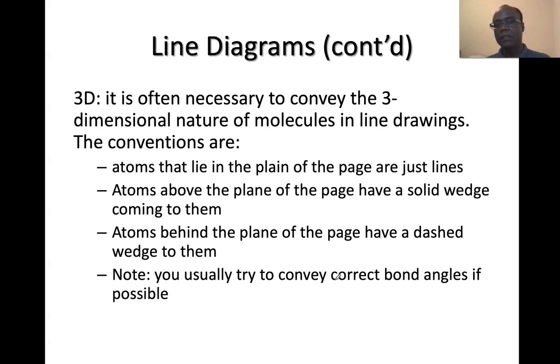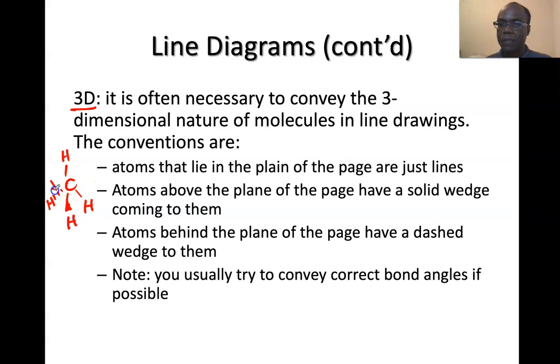So usually we also want to show 3D. For 3D we show groups away, towards, and on the plane. So for example, if I'm to draw methane, this is how methane will look like. The ones that I have with straight lines are on the plane.